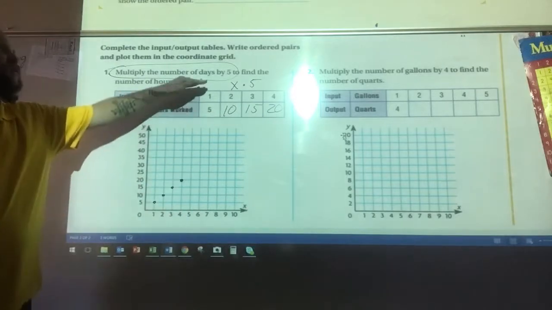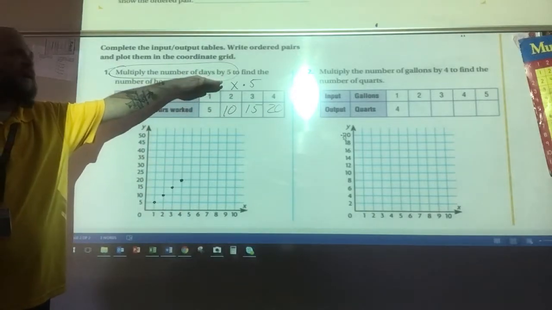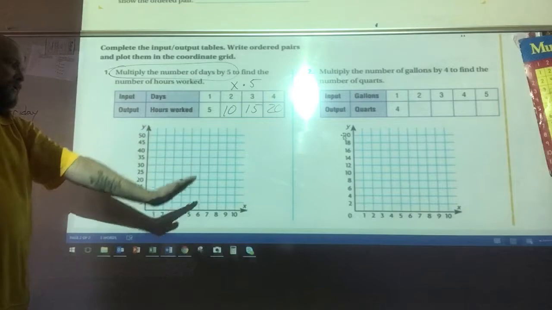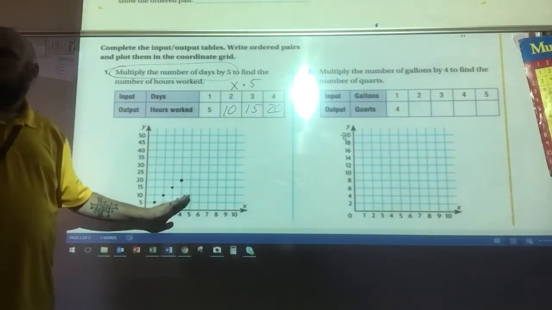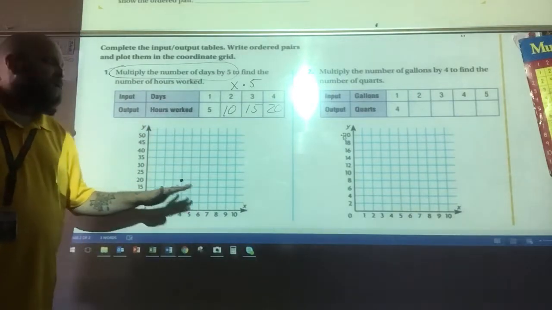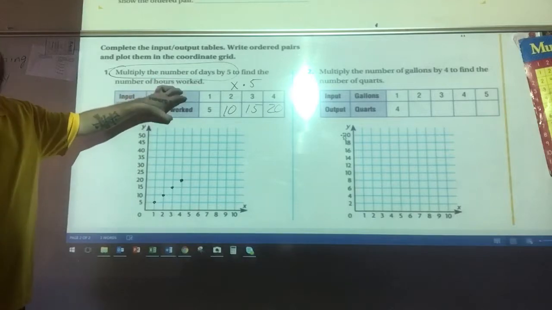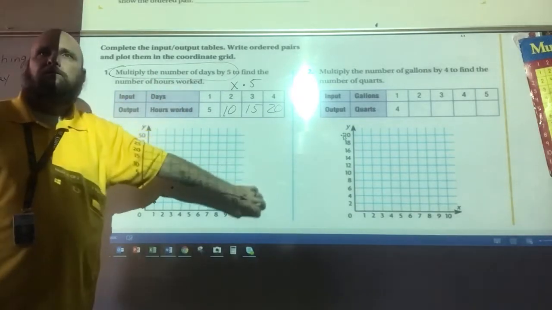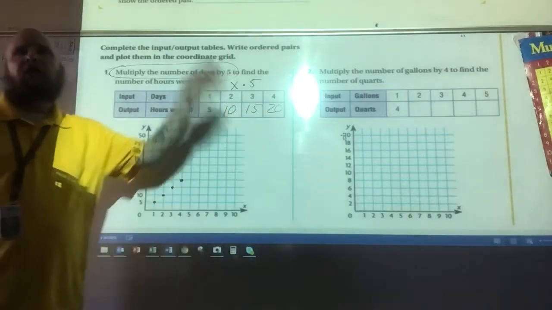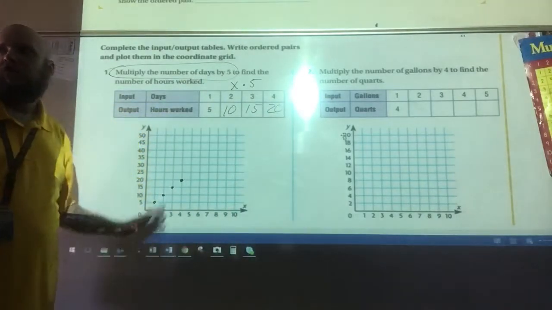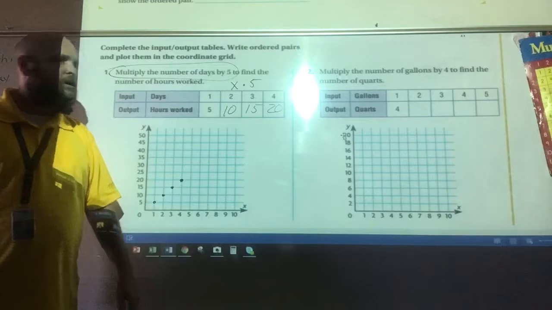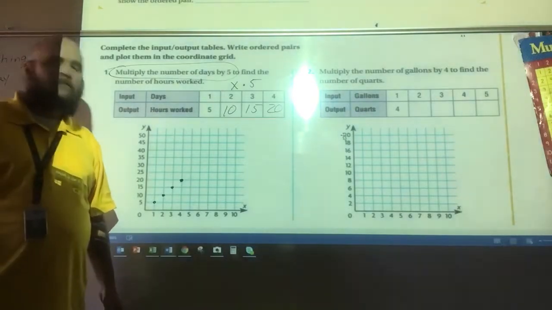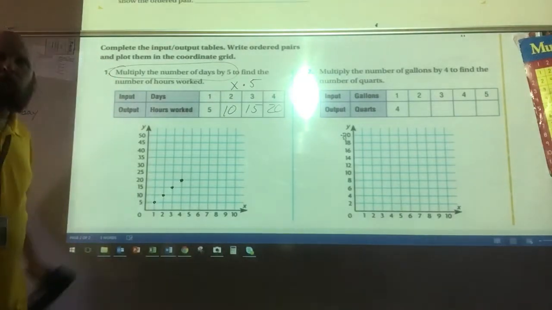If it gives us the rule, which it does, x times 5, it's always going to be a straight line. A lot of times you'll see questions like this where they give you the table and ask which coordinate graph would match it. And they're always going to give you one that's all cattywampus, that's not a straight line. So you can cross off any that wouldn't be a straight line.